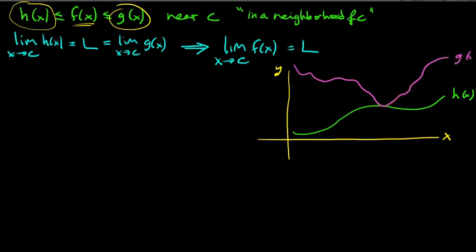So this is g of x. And then f of x will be somewhere in the middle, and you can see it's got to be squeezed in between, so it's got to do this. Okay, so that's f of x. And you can guess what c is. C is going to be right here, where they all kind of converge.